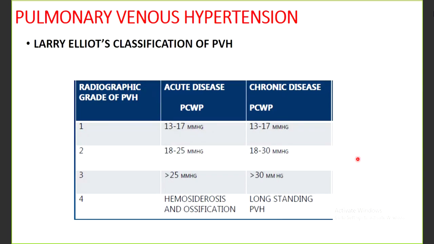Now, pulmonary venous hypertension: we can have a crude idea of the LA pressure or the pulmonary capillary wedge pressure by looking at an X-ray. Of course, there is small variation of the values based on whether it was an acute onset of the disease like acute pulmonary edema or a chronic progression of the disease, as you see in patients with mitral stenosis whose LA gets progressively enlarged and then develops slowly increased LA pressure and increased pulmonary capillary wedge pressure.